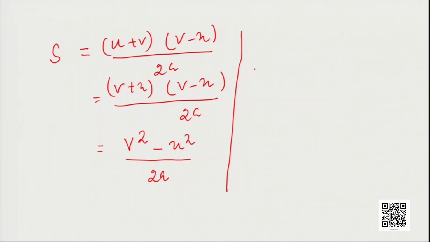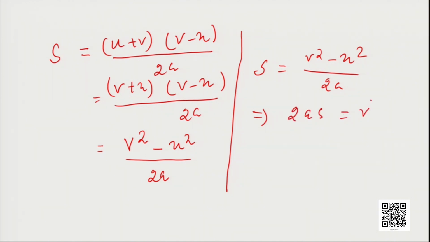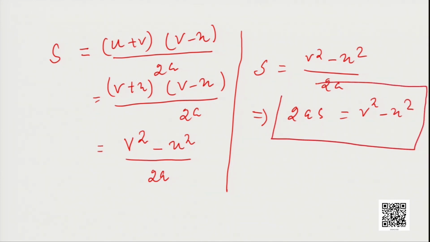Now if I rearrange this, I will get s is equal to (v square minus u square) by 2a, which is nothing but 2as is equal to v square minus u square. So here you see the third equation of motion, that is 2as is equal to v square minus u square.